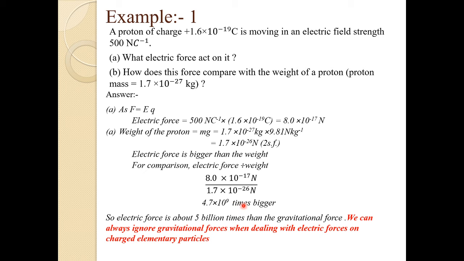The electrostatic force is bigger by 4.7 × 10^9 times, so it is nearly 5 billion times the gravitational force. This is also a good idea to have when you are dealing with sums. We can always ignore gravitational forces when dealing with electric force on charged elementary particles.